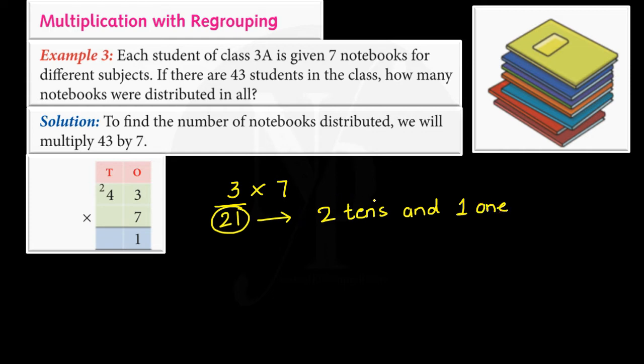These 2 tens are regrouped, so are sent to the tens place on the table here. You can see here this 2 written is nothing but these 2 tens sent to the tens column, and we retain this 1 one in ones place. We will write down 1 here. This is what we mean by multiplication with regrouping.